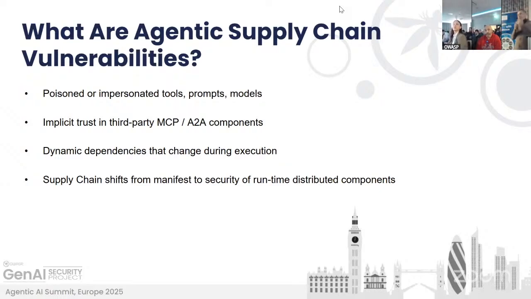What we basically see is that the supply chain is not static, as in a manifest when we build the system. The supply chain is moving towards being dynamic and runtime. That's the major difference. We specifically skipped some of the recommendations listed in the top 10 supply chain, because that is a great source to learn about in a static way when you build the system, and highlighted the items in a dynamic way.